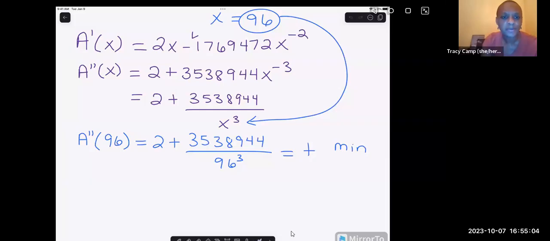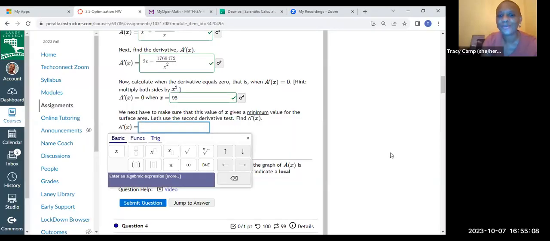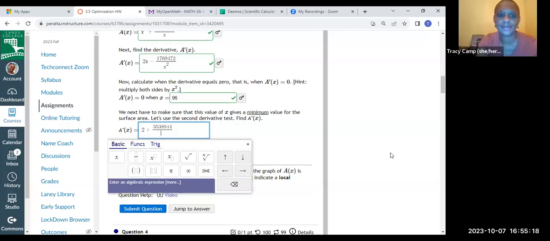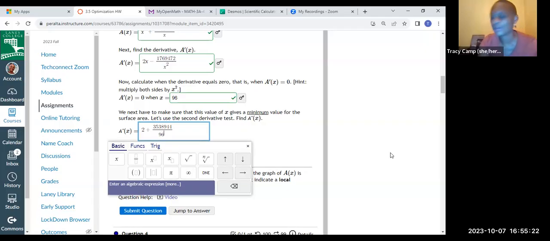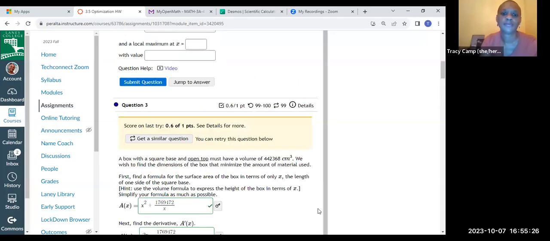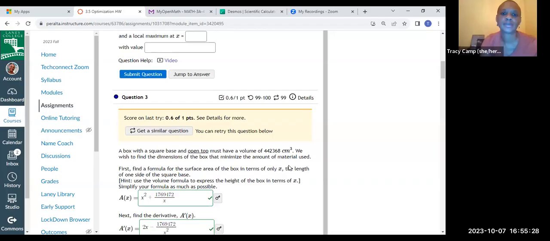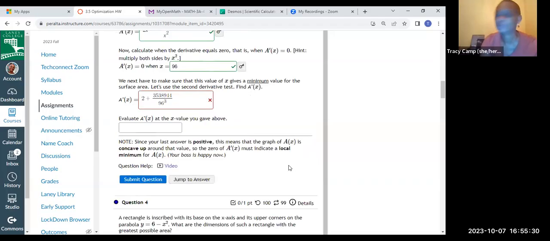Now, I don't remember if the homework wants us to actually say what the number is. I'm just going to put the number in here as it is. I hope I typed everything in correctly. Did I?